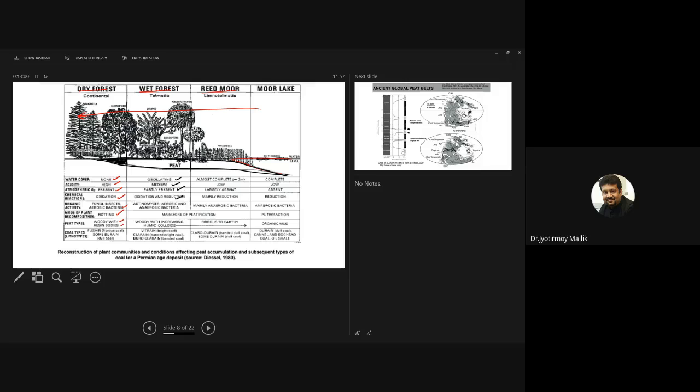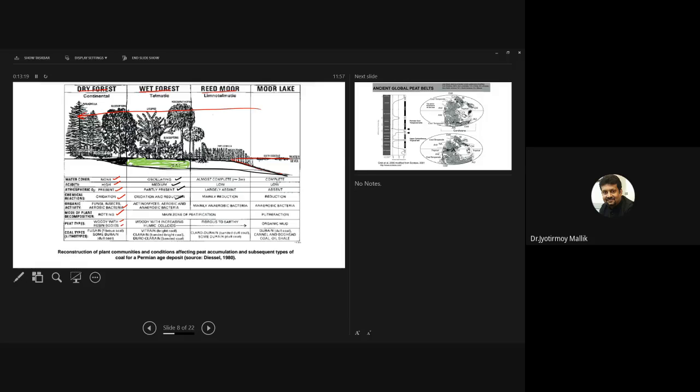What sort of coal would you form here? Vitrain, clarain, duroclarain, bright coal, banded bright coal, banded coal. So this is the best place, in my opinion, for the formation of coal, to make the best quality of coal.